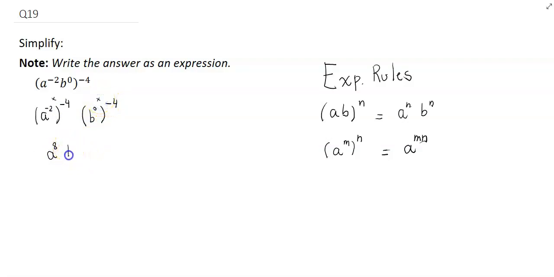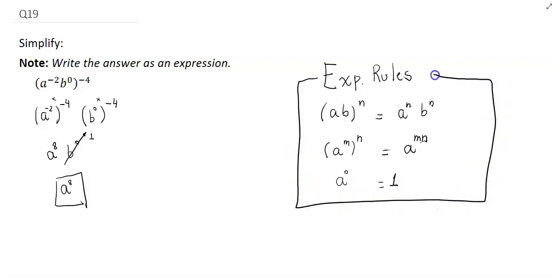Is 0. I didn't finish because I know another property that says any base to the power of 0 is 1. So this here is 1. Then my final answer is just a to the 8th power. And here I made the use of 3 exponential rules.